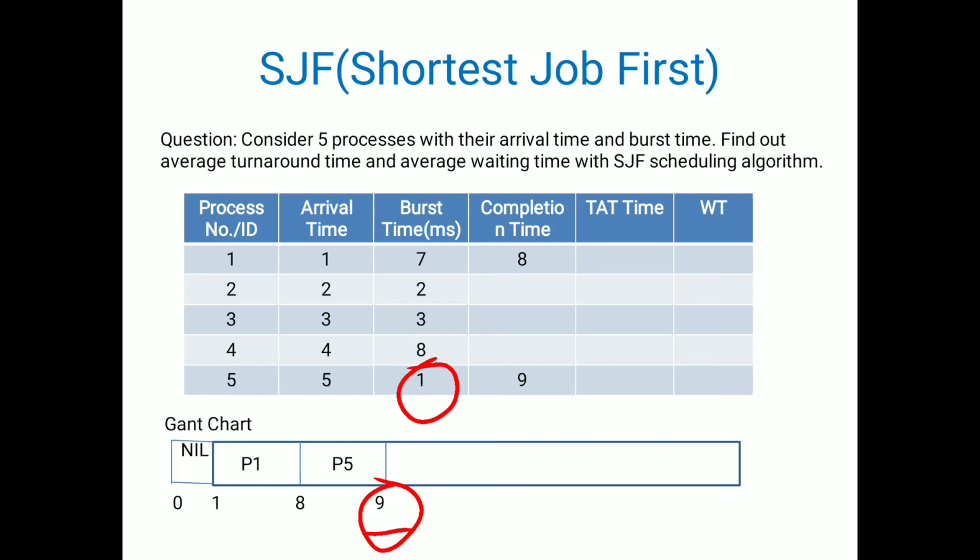So P5 completes execution at time 9, and the completion time of P5 is 9. Now we are left with three processes, P2, P3 and P4.